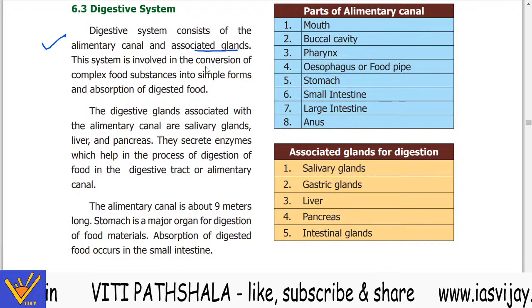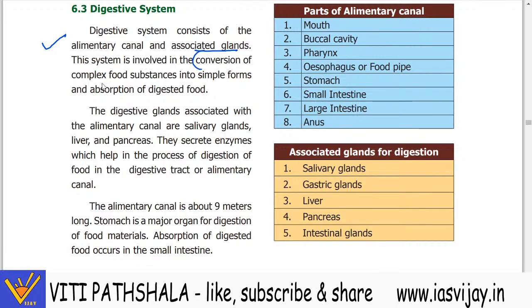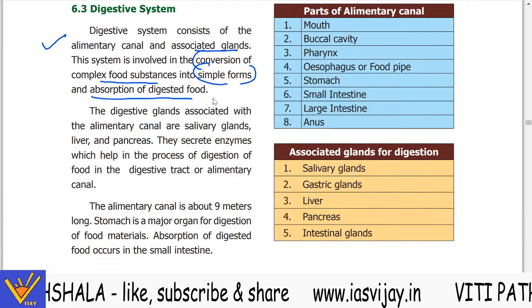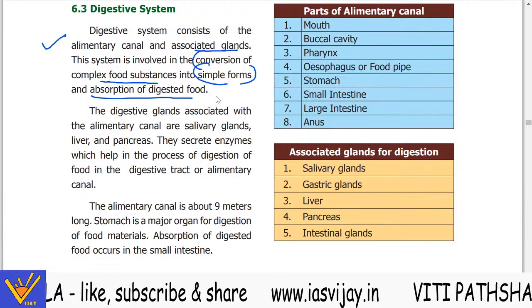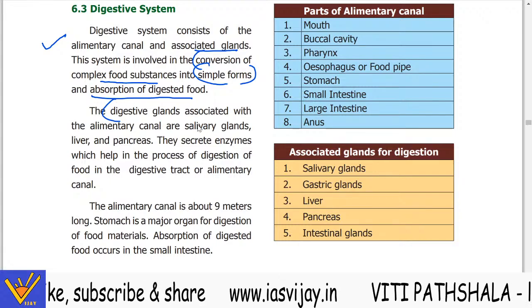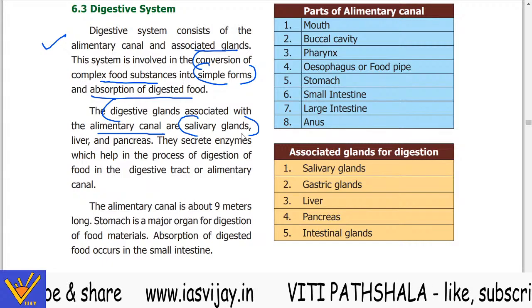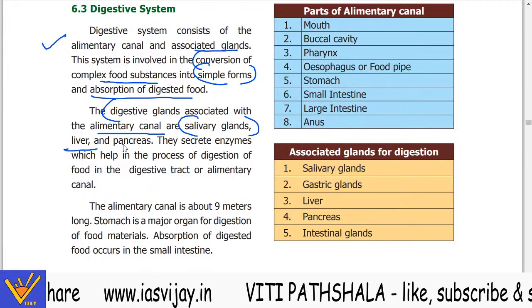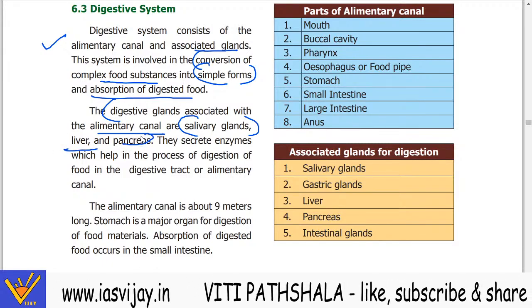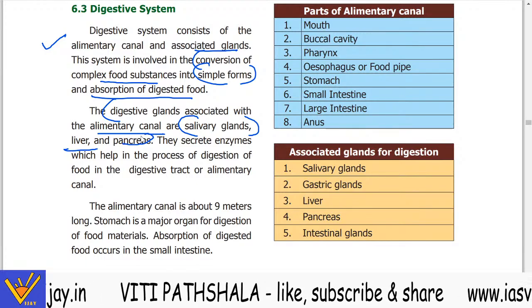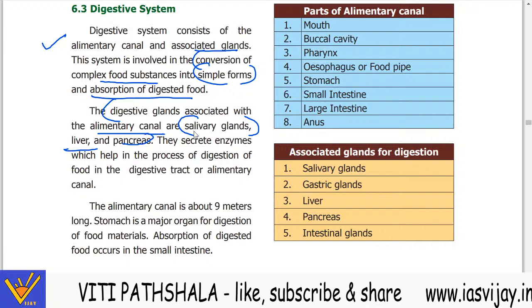Now this system is involved in the conversion of complex food substances into simple food and the absorption of the digested food. The digestive glands associated with the alimentary canal are known as the salivary glands, बोलते हैं हम इनको, liver and the pancreas. They secrete the enzymes which help in the process of digestion. So ये जो pancreas हैं, ये क्या करते हैं?